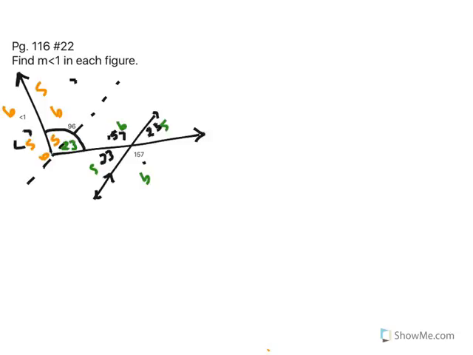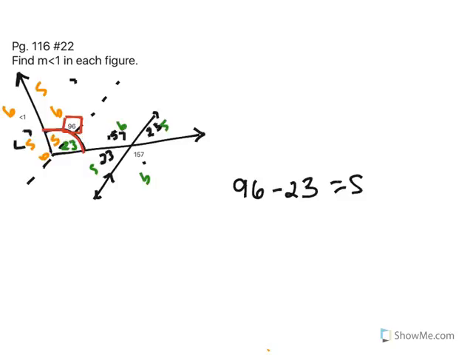Well, we don't know either of those things, but we do know that this angle right here is 96 degrees. So if we think algebraically and we do 96 minus 23, we can find our unknown S, right?